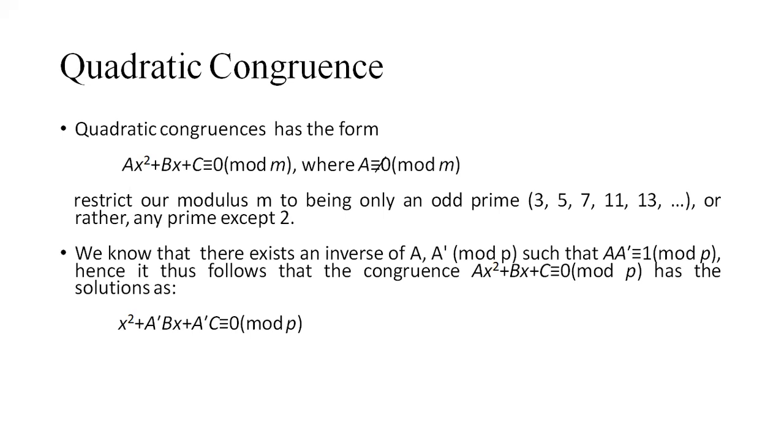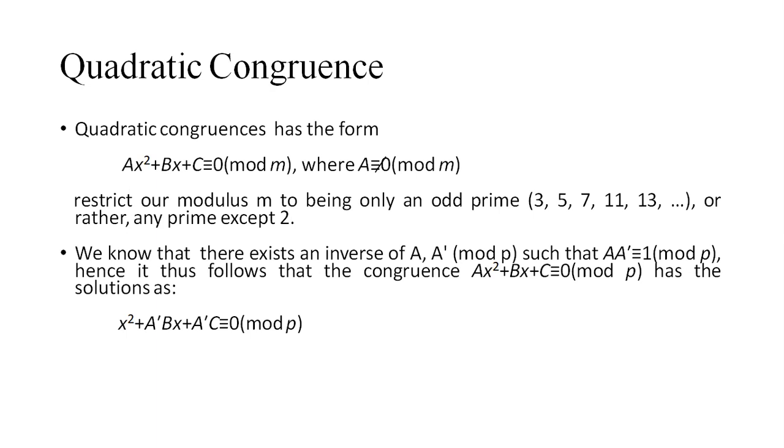For example, the well-known RSA algorithm is based on the principle of prime numbers. Similarly, the ECC algorithm is based on the mathematical concept of elliptic curves. In today's class, we will discuss another important mathematical concept called quadratic congruence and how this concept is used in network security applications.